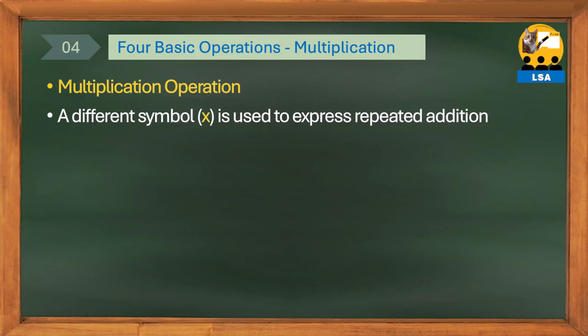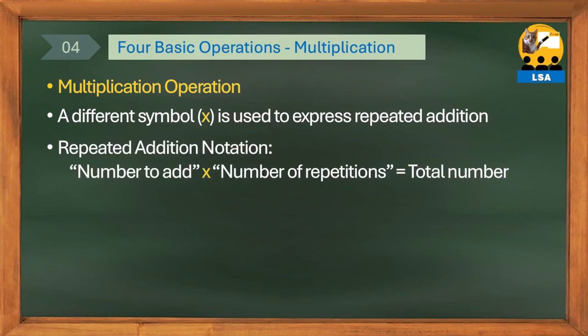The notation for repeated addition is simply expressed as number to add multiplied by the number of repetitions equals total number, and the operation according to this notation is defined as the multiplication operation.